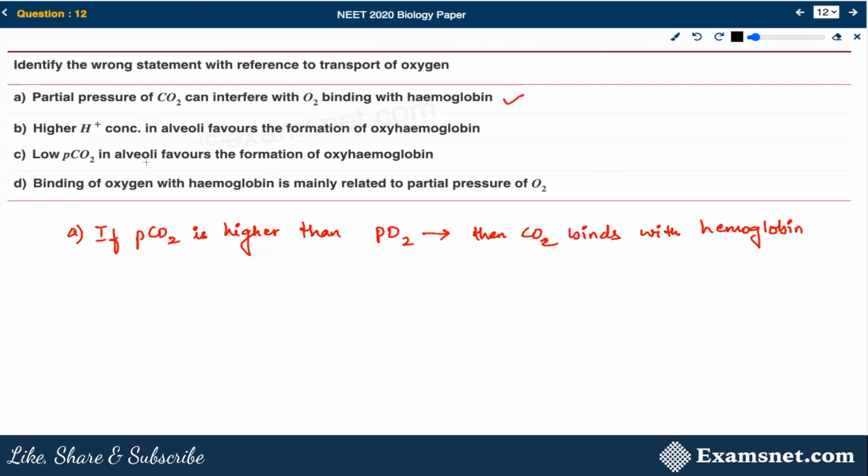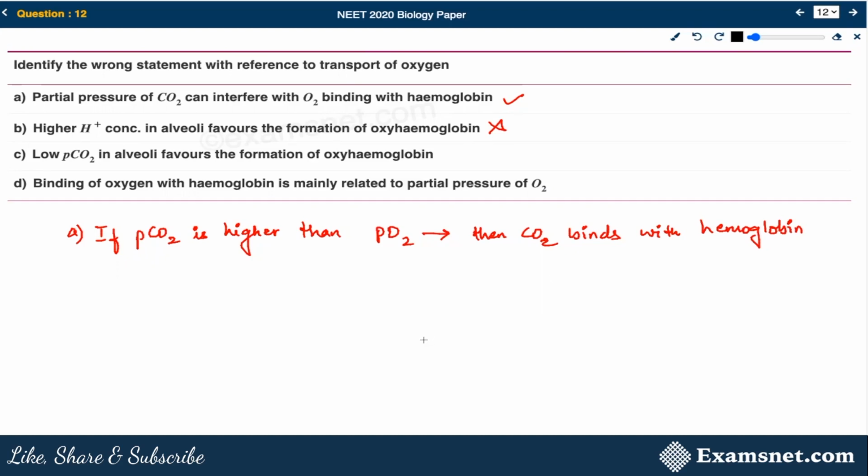So this is the correct statement. Now, higher hydrogen ion concentration in the alveoli favors the formation of oxyhemoglobin? No, this is a wrong statement. A higher hydrogen ion concentration in the alveoli is not going to favor the formation of oxyhemoglobin.